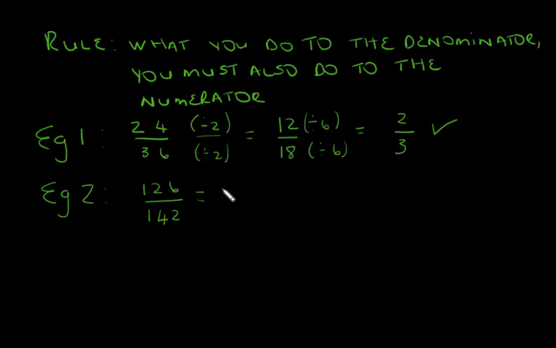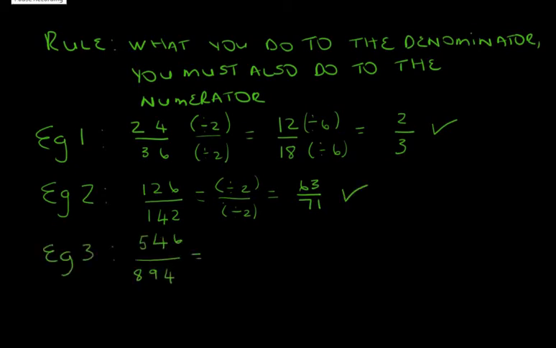And 126 divided by 2, and then we also say 142 divided by 2. What will that give us? That will give us 63 over 71. Is there anything that can divide into 63 and 71? No, there isn't. So this answer is in its simplest form.